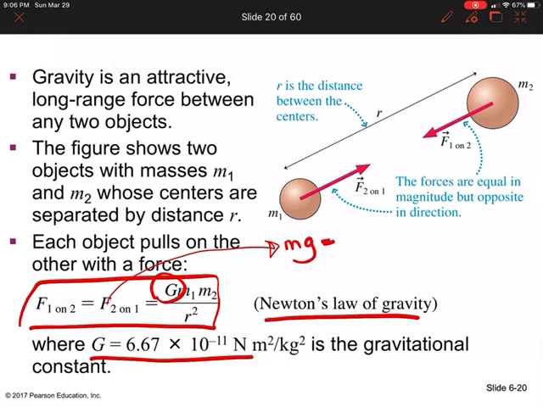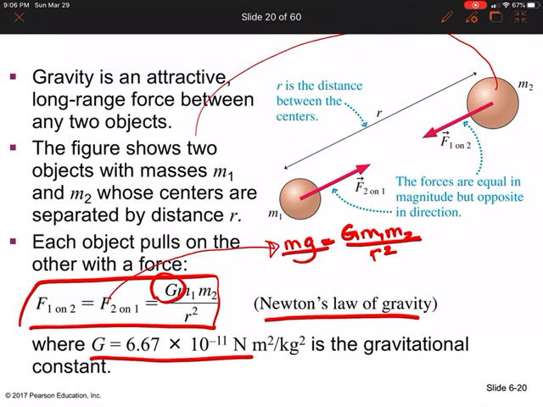So if we set it equal to the big gravitational constant times these two masses divided by the radius squared, okay, this distance between, if it was to go around, like in a circle, that would be the radius. That's why it's referring to it as the r.